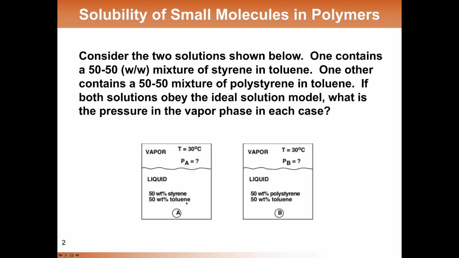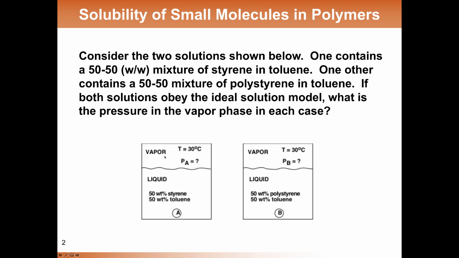So these are low molecular weight liquids, and at a given temperature in a sealed container, the vapor above this liquid will have a certain partial pressure or a certain composition, a certain mole fraction of styrene and a certain mole fraction of toluene, and that will translate to a given partial pressure of, for example, styrene or toluene, and therefore to a given total pressure in that system, since that's just the sum of the partial pressures of the components in the gas phase.